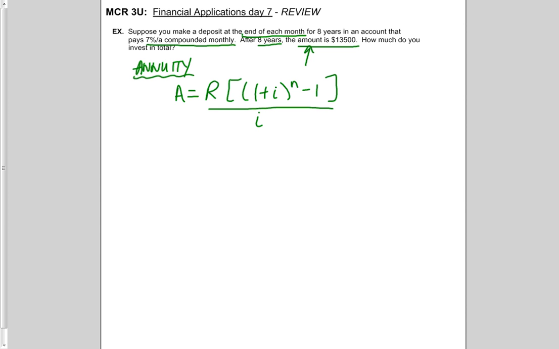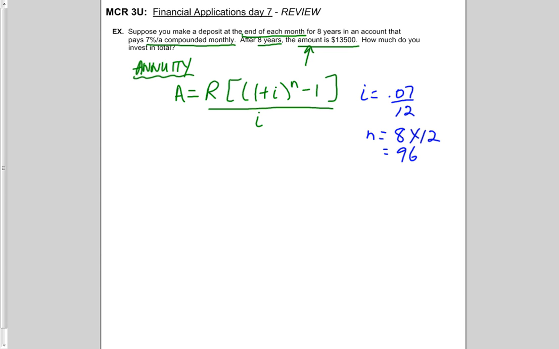Let's check if our i and our n need to be adjusted. The i is 7% and it's compounded monthly. The n is 8 years monthly, and so 96.